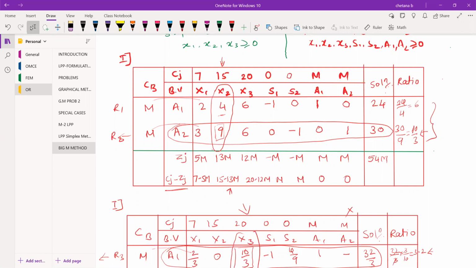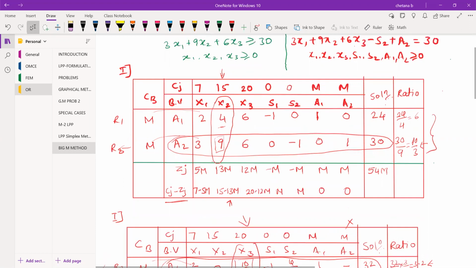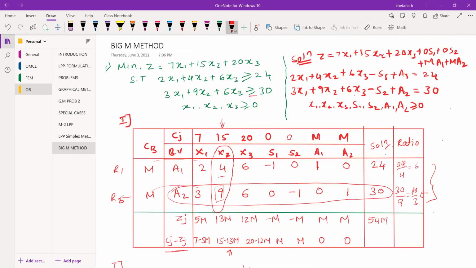Other than that, coming to the variables, in the simplex there is no question of a greater than or equal to symbol in the problem. If it is given, how you need to deal with that we will discuss in tomorrow's class.